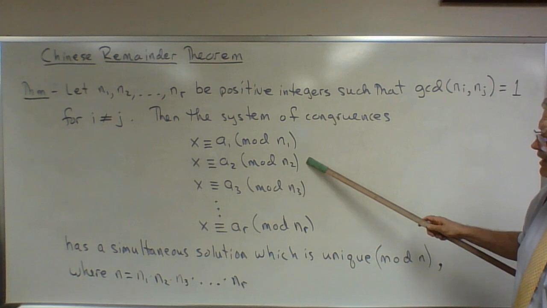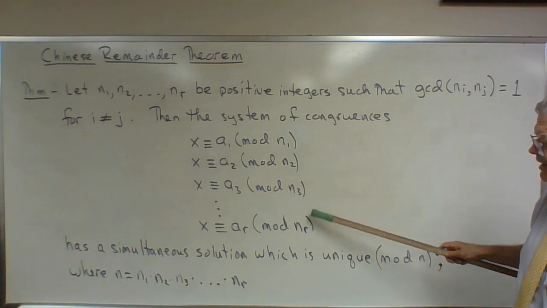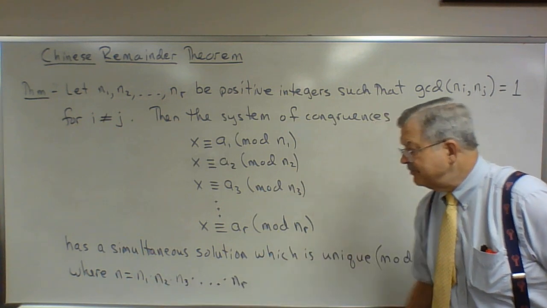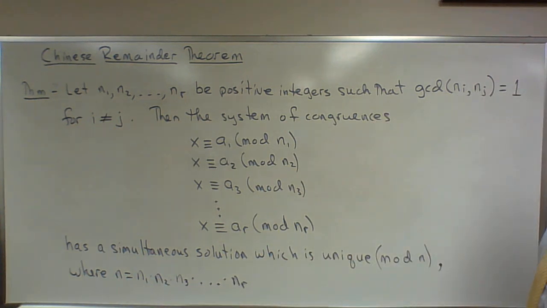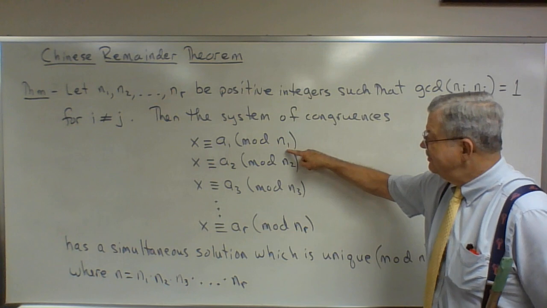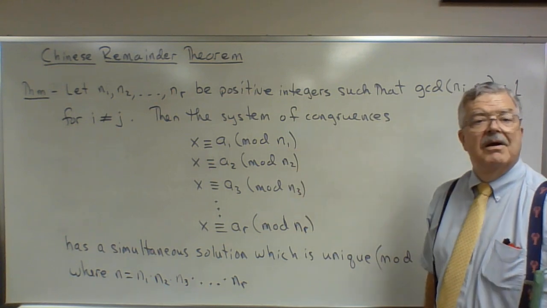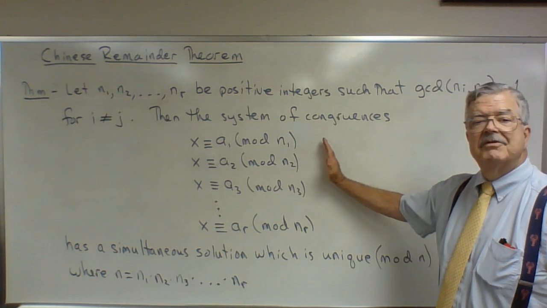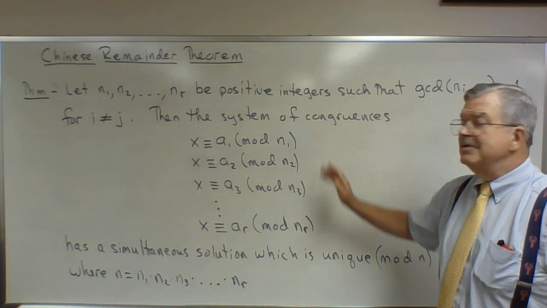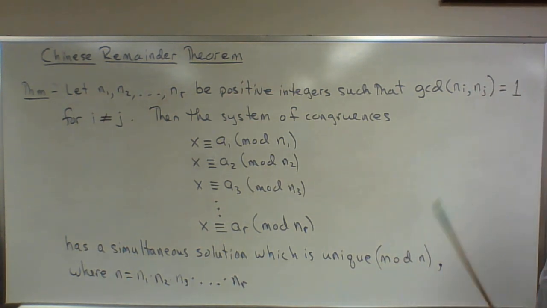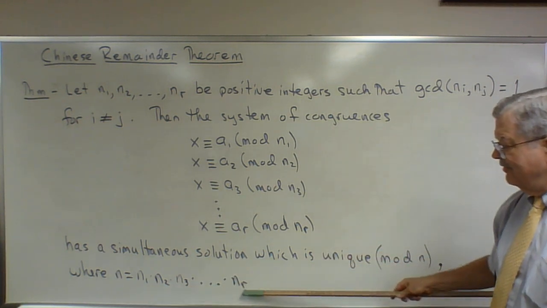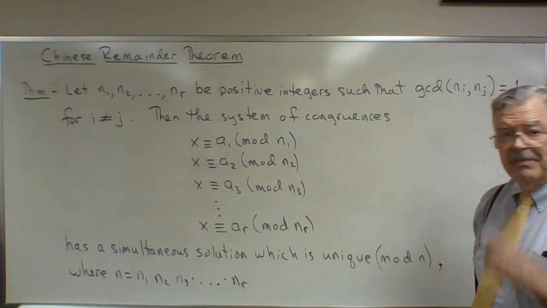Take n sub 1, n sub 2, n sub 3, through n sub r, multiply them together, and that's our n. The Chinese Remainder Theorem says that if all of these n's are pairwise relatively prime, then this system of equations has a unique solution mod n, where n is the product of all of these n sub i's.